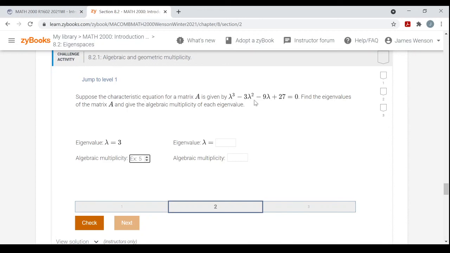They're just giving you the characteristic equation, right? What you would use to find the eigenvalues. So factor this polynomial completely, I would suggest by grouping, factoring by grouping. And state the solutions to that equation. What are those eigenvalues, and how many times do they repeat? What are their algebraic multiplicities?